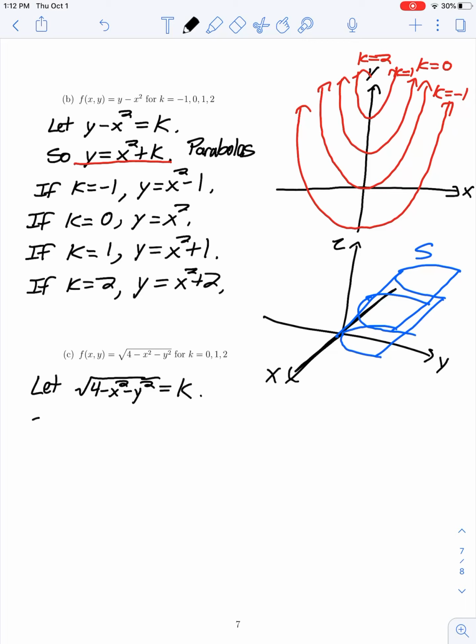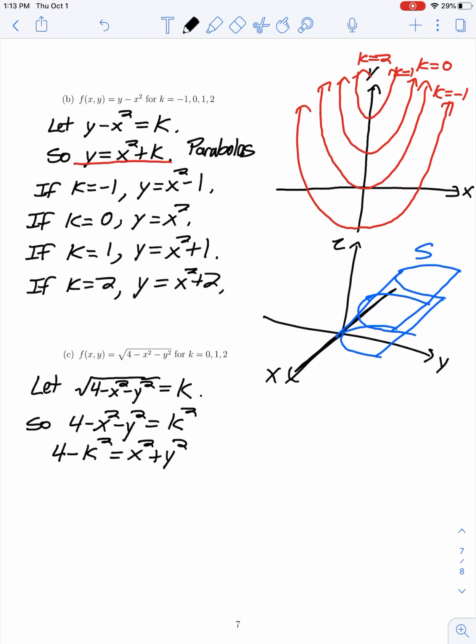And simplifying our equation a little bit, if we square both sides, we have 4 minus x squared minus y squared is k squared, or 4 minus k squared is equal to x squared plus y squared.